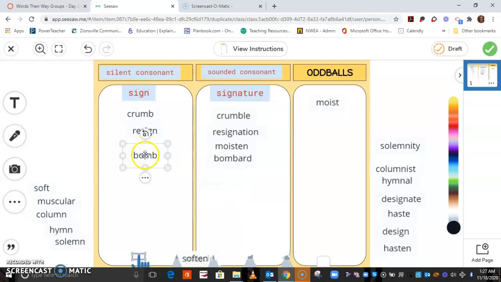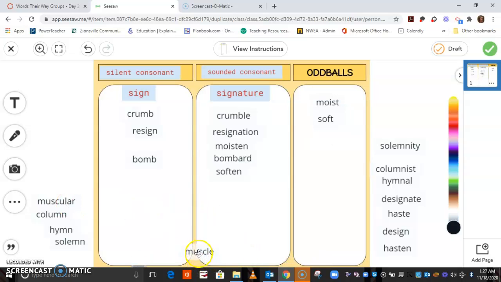You hear the difference? The B here is silent. Bombard, you hear that B in the sounded consonant. Soft and soften. Soft, there's nothing silent there. Another oddball word.